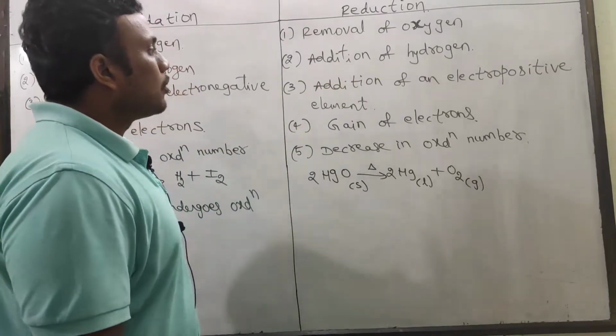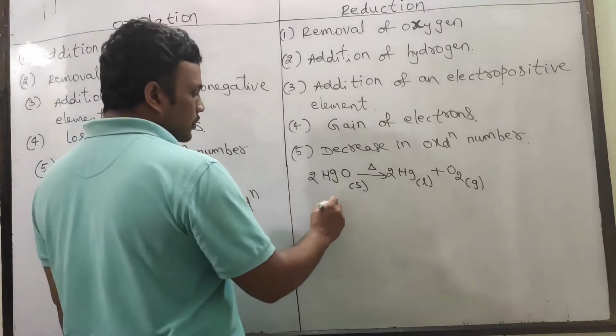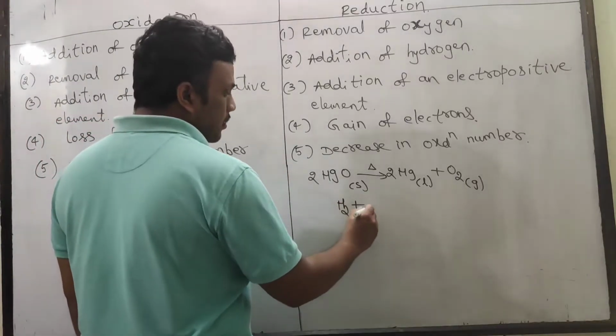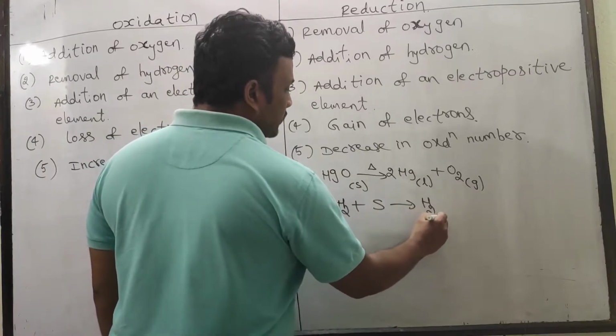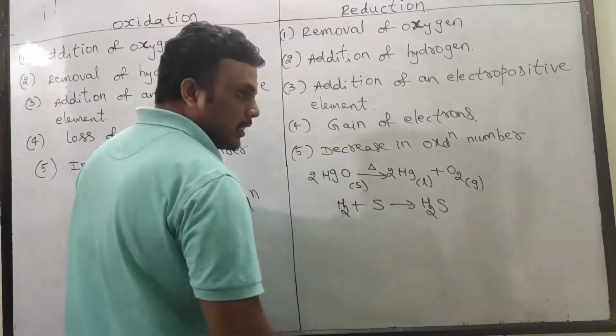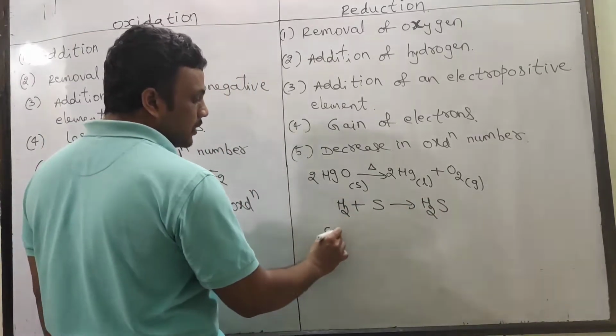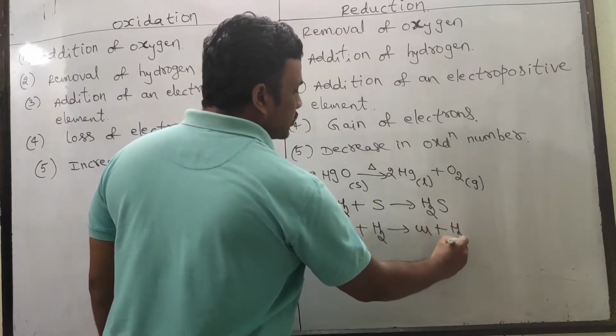We know addition of hydrogen: when hydrogen is added to any substance, that is simply reduction. Hydrogen plus sulfur, suppose it gives hydrogen sulfide. Hydrogen is added to sulfur, so sulfur undergoes reduction. CuO with hydrogen gives Cu plus H2O.